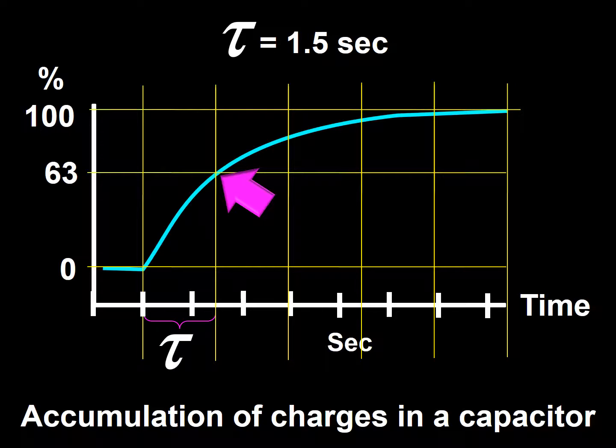During the next 1.5 seconds, corresponding to from the position of the arrow to the new position of the arrow, 63% of the available space that was previously empty will get full.